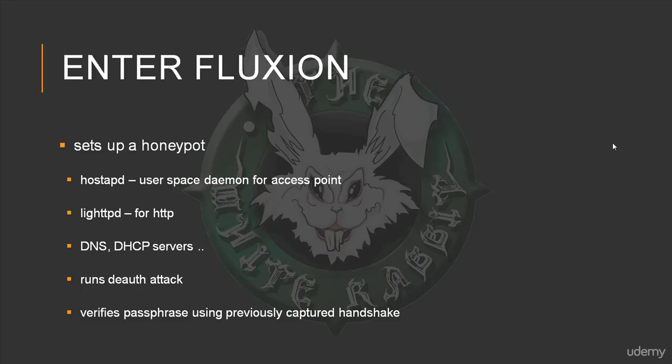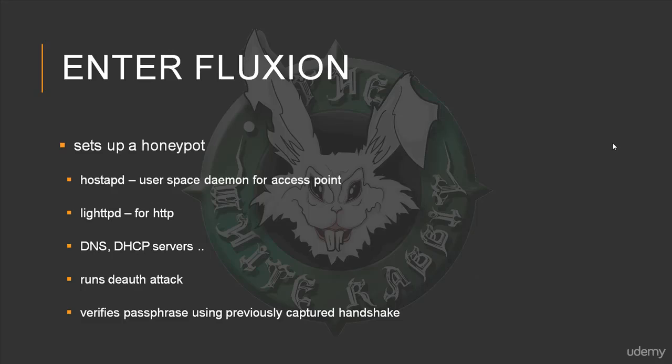Hostapd is a key part of it, and that's where it has the various access point protocols that are part of normal access points. Together with hostapd, there are other pieces that you would normally find or that it might be useful for this rogue access point to have. So like an HTTP server, Lighttpd is used for this purpose.